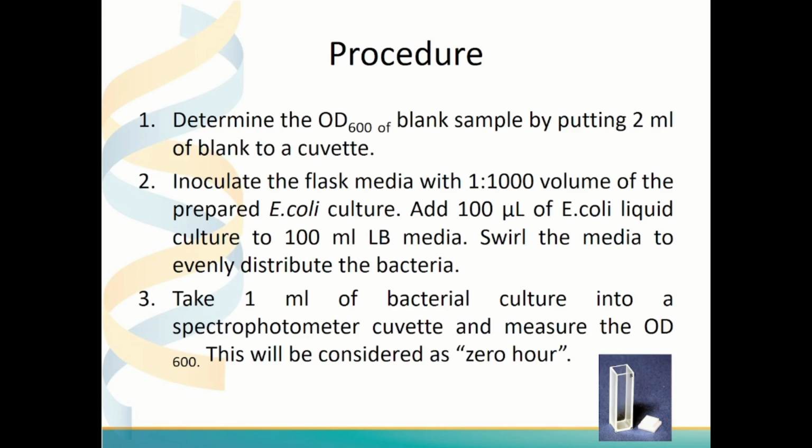We take this 0.1 milliliter of E. coli liquid culture into the 100 milliliters of LB media from the first procedure explained in the previous slide, and then we swirl the media to evenly distribute the bacteria.